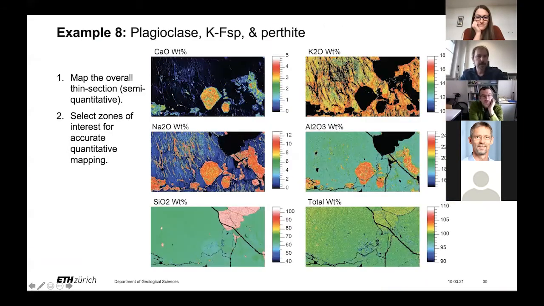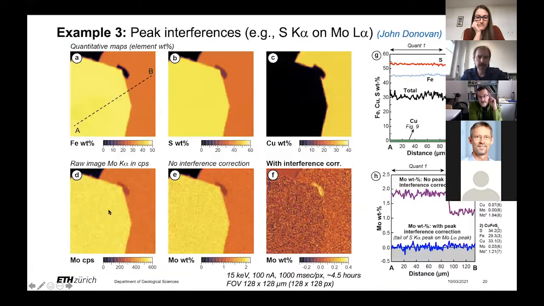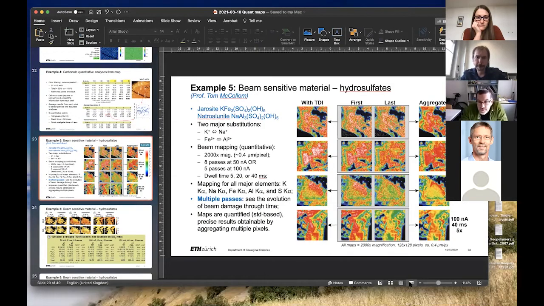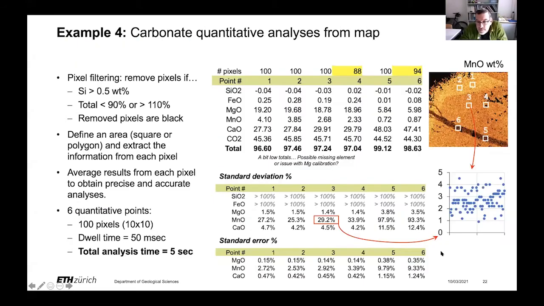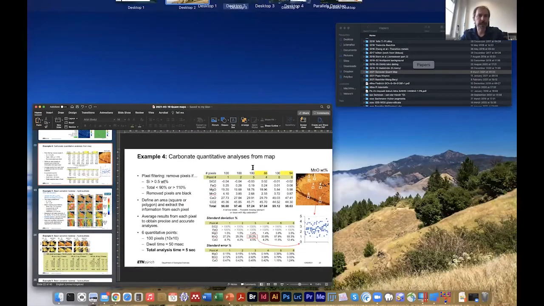The bottom right, the individual pixels, I suppose, and the weight percent, I suppose. If you were to plot this as a histogram, would you get some sort of Gaussian or Poisson distribution, or what would you get, or are they completely random? Yes, Gaussian. We have that in the paper, I think.